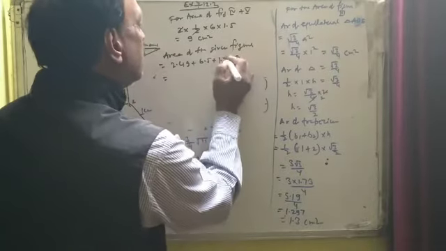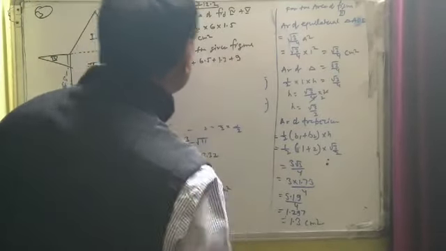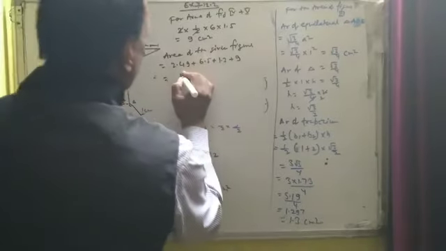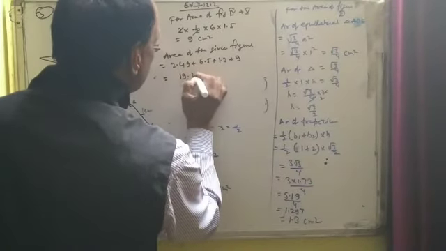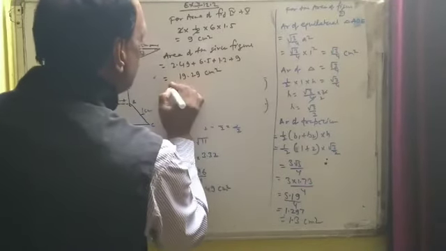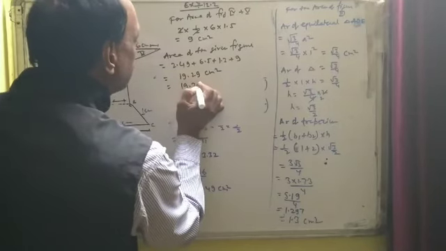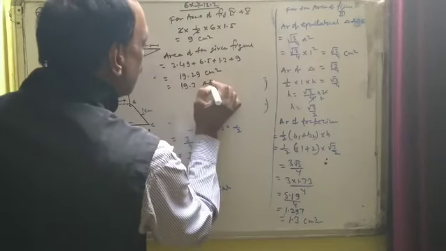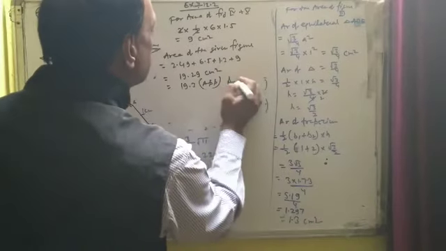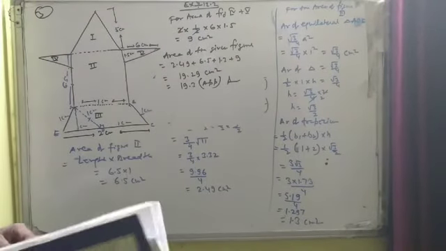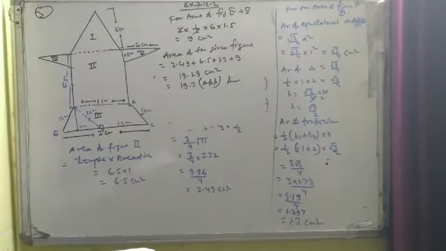After getting the sum, it will be 19.29 near about. So we can write 19.3 approximately, and this is the answer. So we have done question number 3 here.